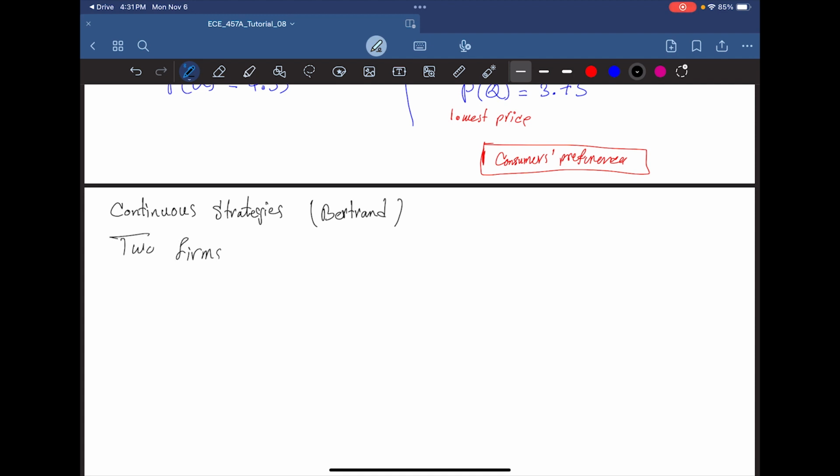Two firms setting price simultaneously, like at the same time.